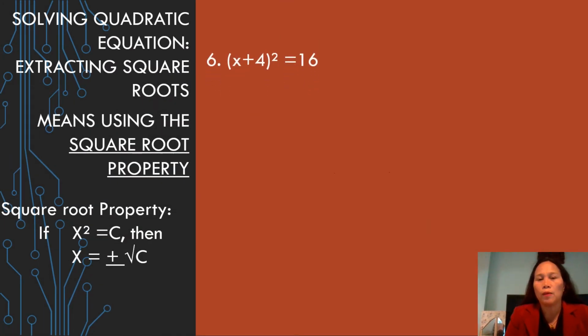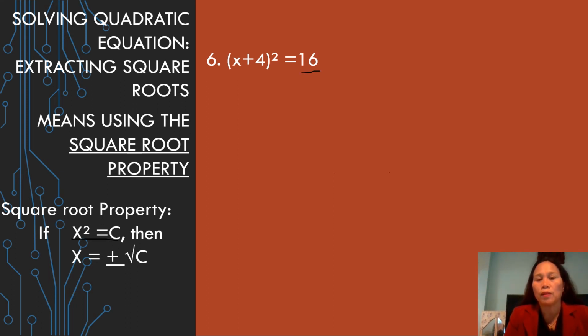Now, what about this number 6? Look at this. This is already in this form, except this one, may kasama siyang 4. Pwede na natin kagad ma-extract yung square root, kasi something square here and nandoon yung c, which is 16.